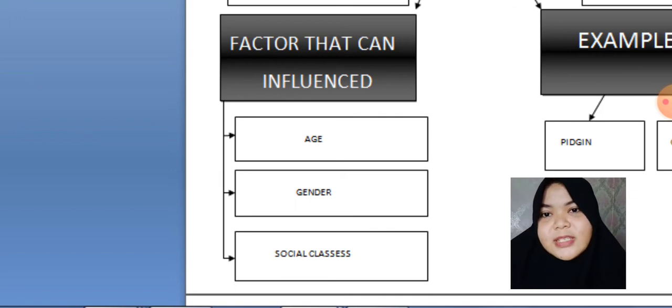The second one is gender. So how can gender influence language change? Well, we all know that women tend to be more excited about answering a question. They use many words to answer a question, much more than boys.